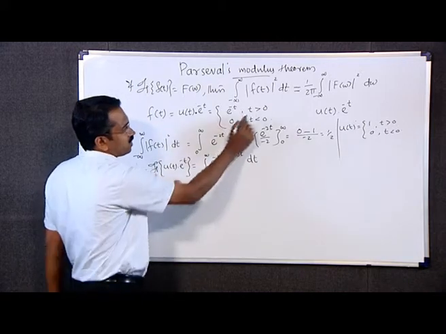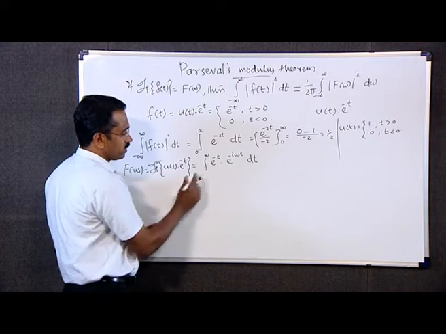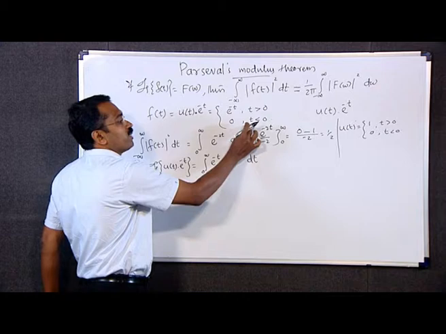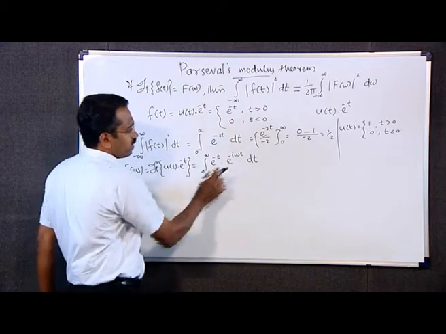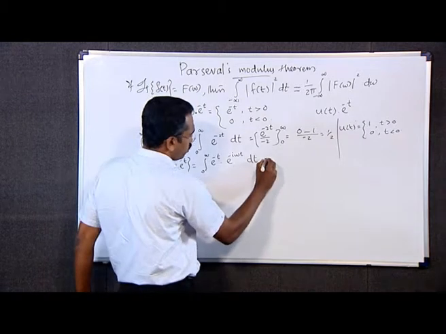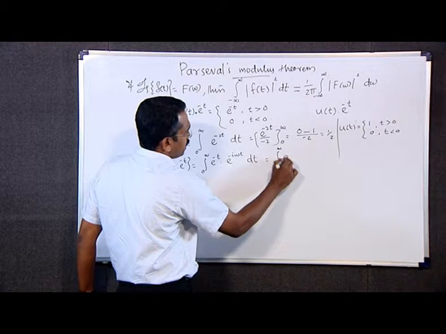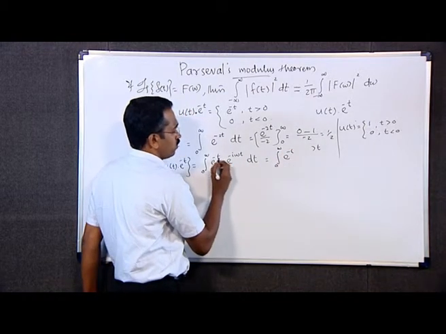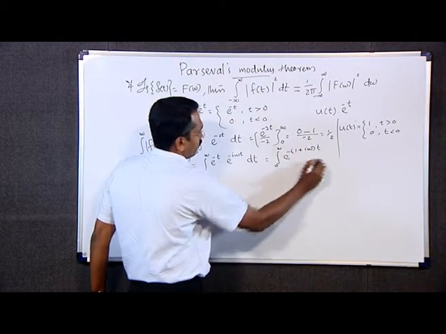Here e raised to minus t is for t greater than 0. Therefore, we can write this integral as from 0 to infinity. For minus infinity to 0, the function is defined as 0. Therefore, this is equal to integral from 0 to infinity e raised to minus of t into 1 plus i omega dt.